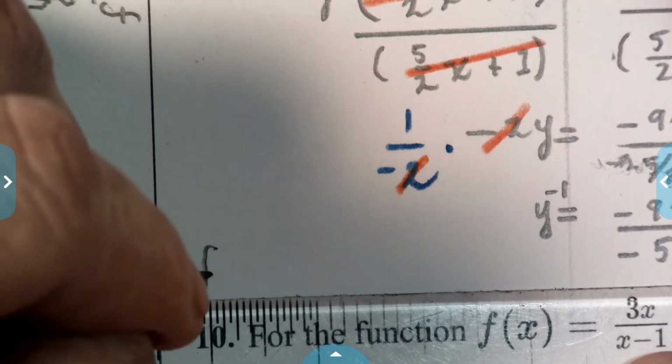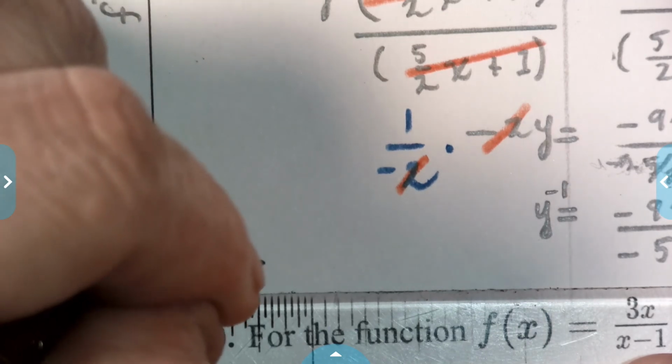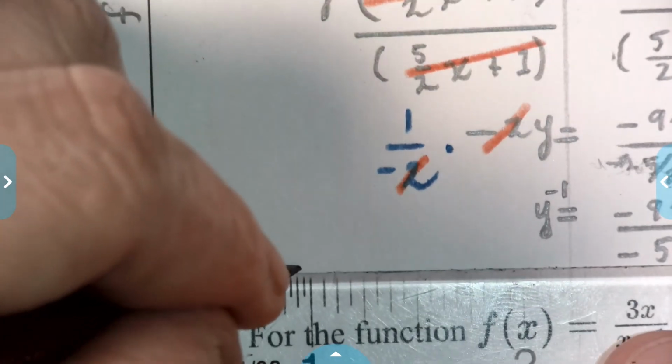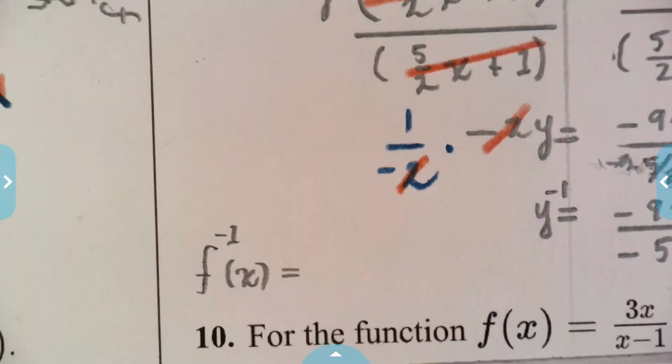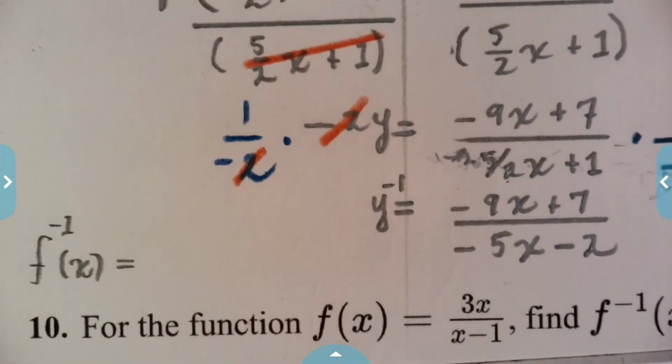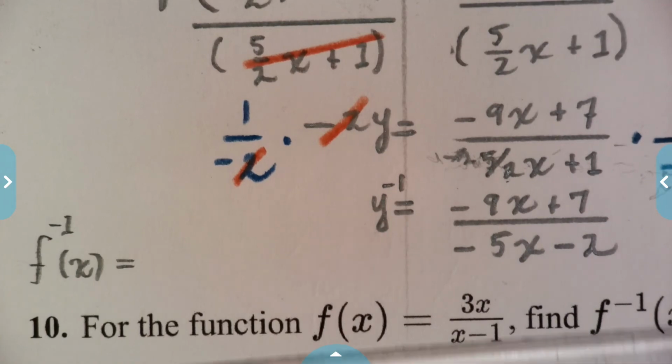So that's going to be f inverse of x equals negative 9x plus 7 over negative 5x minus 2.